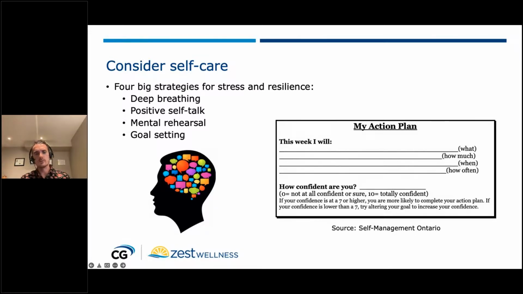It could be that I'd like to have a gratitude journal and do it a certain number of times per week. And that might be in the mornings, afternoons, at lunchtime, after work, before bed, when you wake up. But it's getting granular with your action plan and ensuring that you're setting yourself up for success and taking care of yourself through goal setting. But all to say is that self-care is important when it comes to pain management.